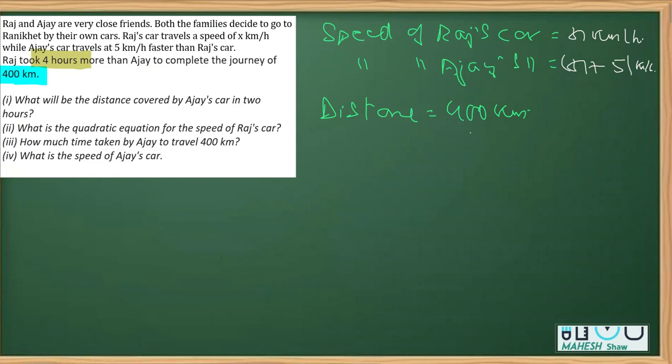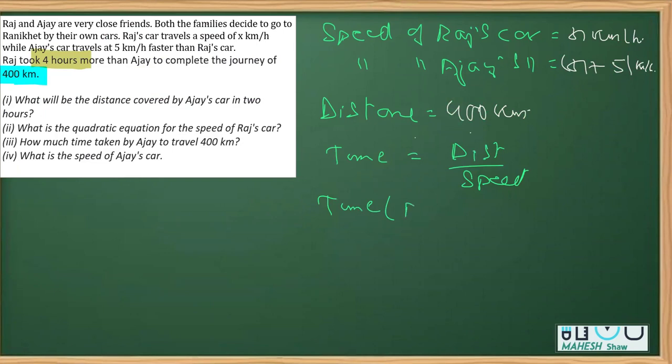So now we have got the distance here, and let's find out the time in both cases. Time is what? The formula for calculating the time is distance over speed. This is distance divided by speed. Now, time in the first case, say T1, or we may take the time in case of Raj.